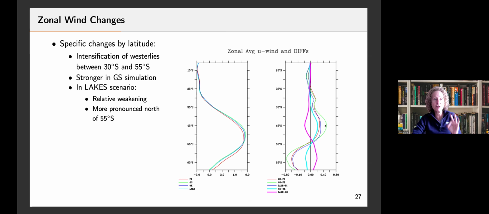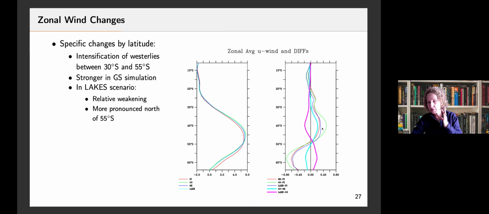And if we plot the differences between them, we see that we have intensification of these westerlies between 30 and 55 south. They're stronger in the GS simulation, which is this cyan, this turquoise blue color, and in the lake scenario we have relative weakening, more pronounced north of 55 south.